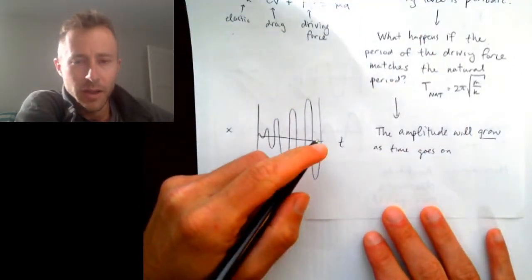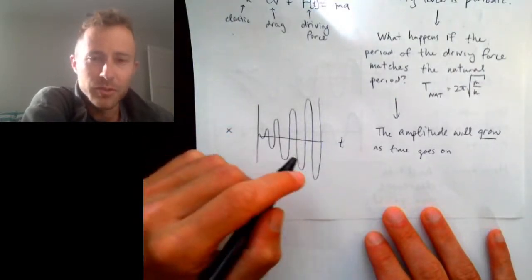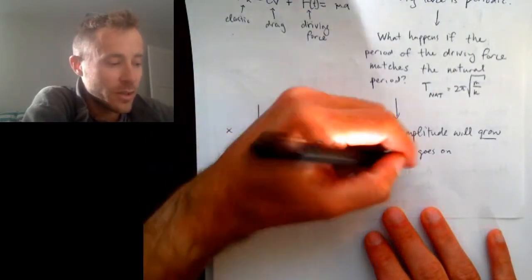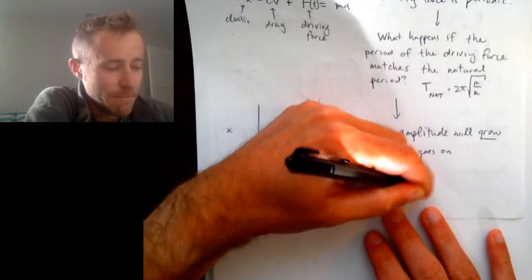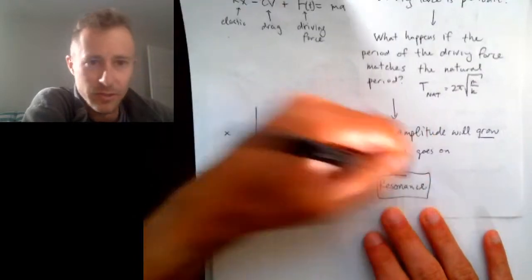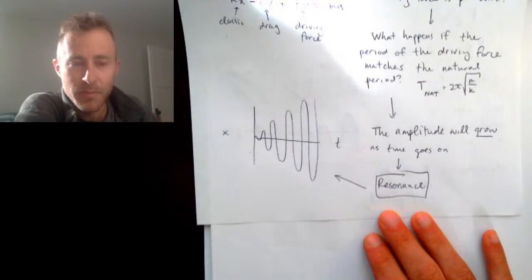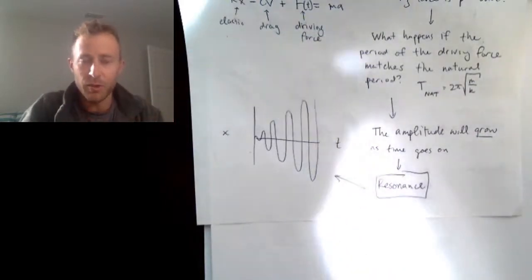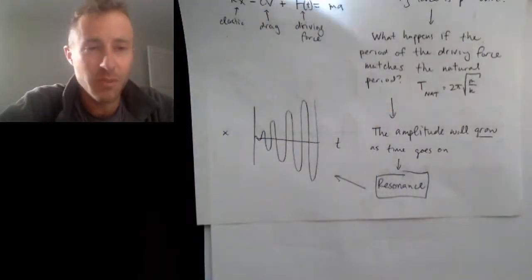All right. And so if you have a driving force that makes the amplitude grow as time goes on, that is called resonance. So resonance is when the amplitude grows as time goes on because there is a driving force that is going in sync with the natural vibrations of the object.